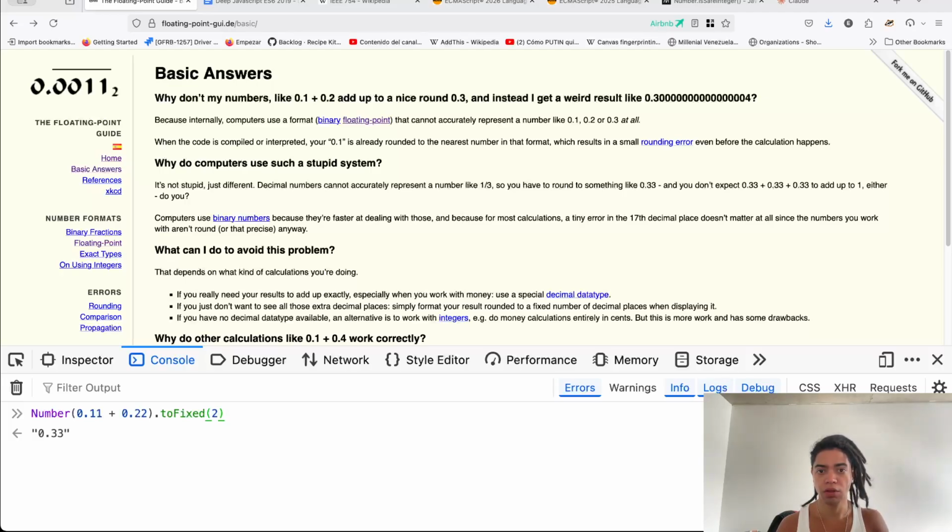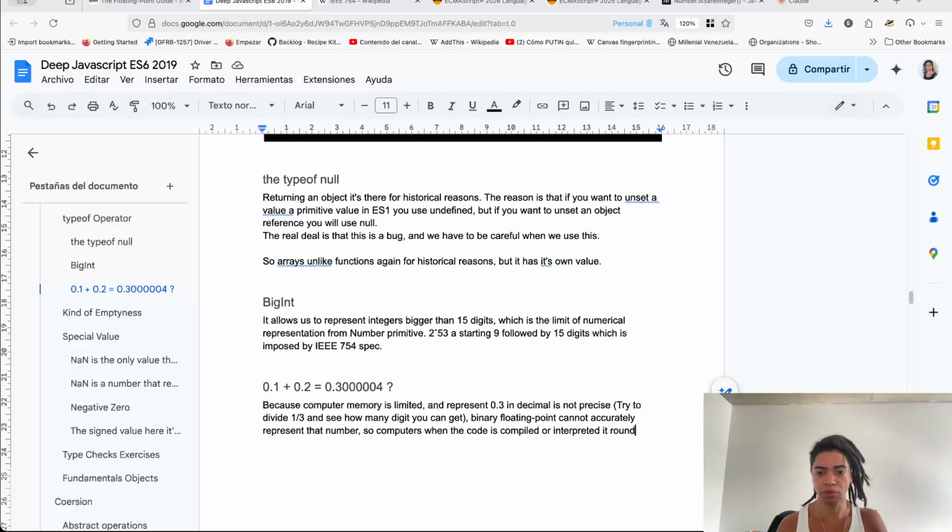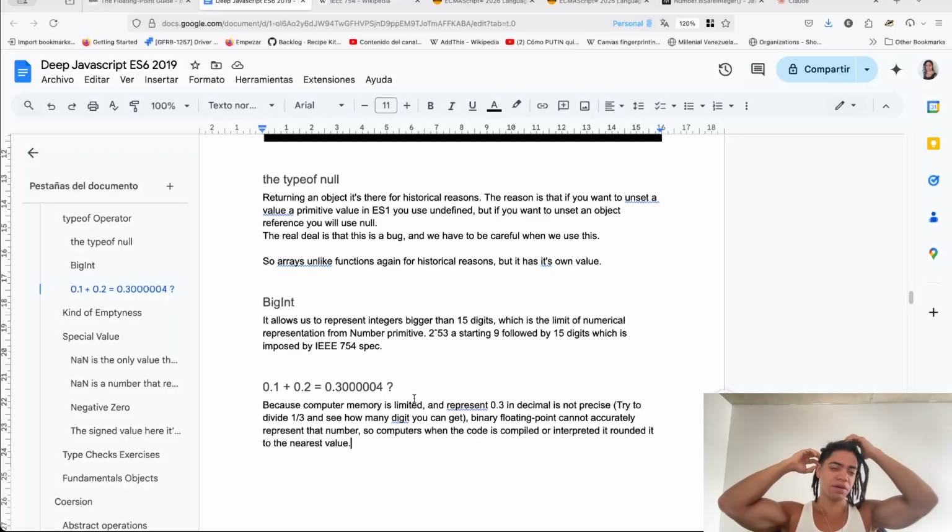It's already rounded to the nearest number in that format. It rounded to the nearest value here.